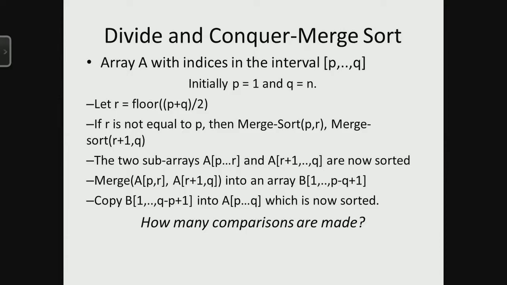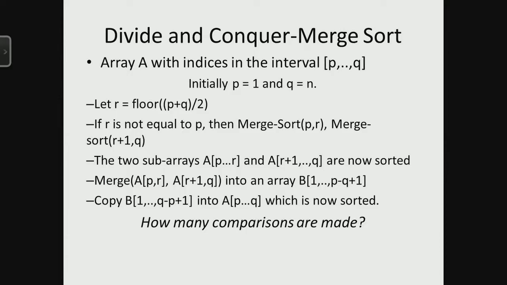When r is equal to p, there are at most 2 elements in the array, and there is no need to recursively sort elements of size 1. Now, the 2 arrays a of p to r and a of r plus 1 to q are sorted recursively using merge sort itself, at the end of which a of p comma r and a of r plus 1 comma q are sorted arrays.